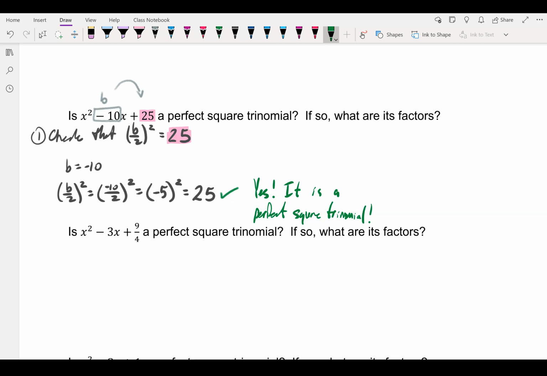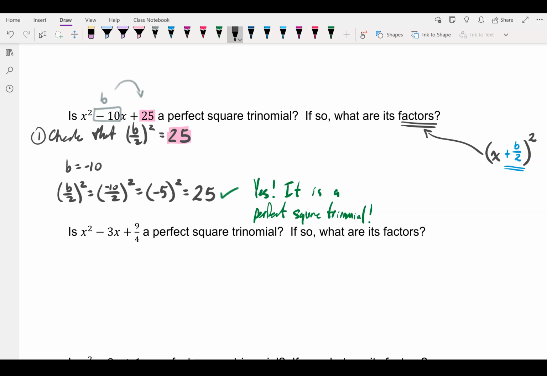How the heck do I find that? Well, there's a very nice, easy rule for it. The factors are going to be x, and you've got a squared. What goes here? You just add b over 2. So it's literally your b value divided by 2.